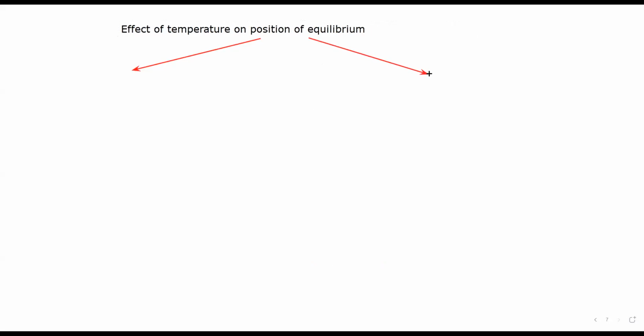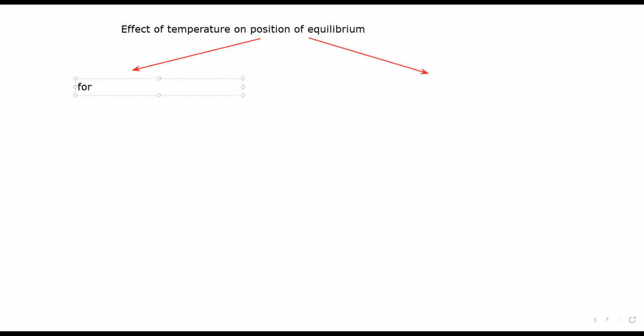Then the second factor which affects the equilibrium is the temperature. But the temperature has a different effect for different types of reaction, because the forward reaction can be endothermic, or a forward reaction can be exothermic.